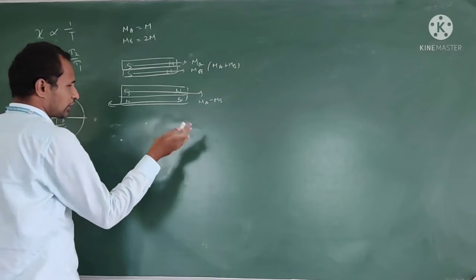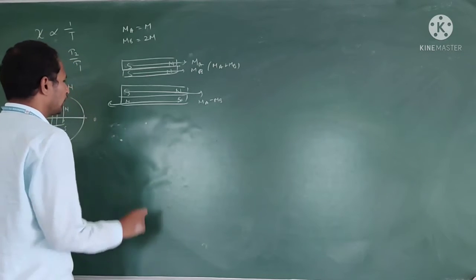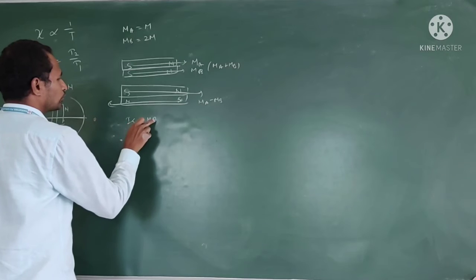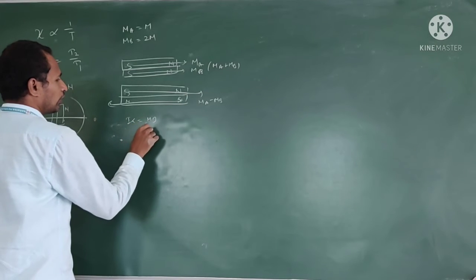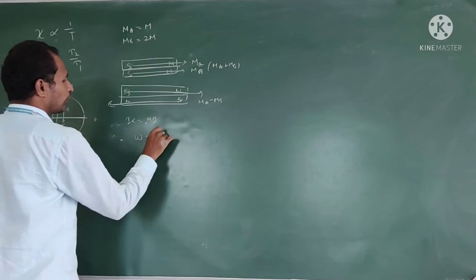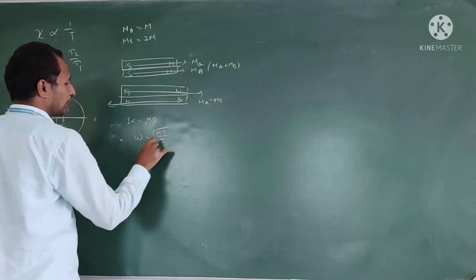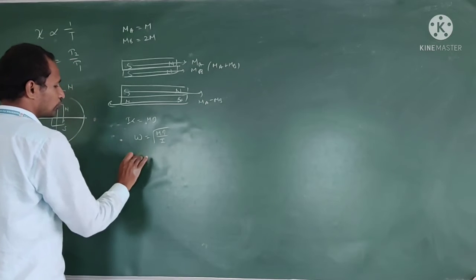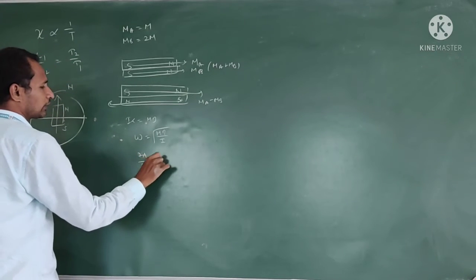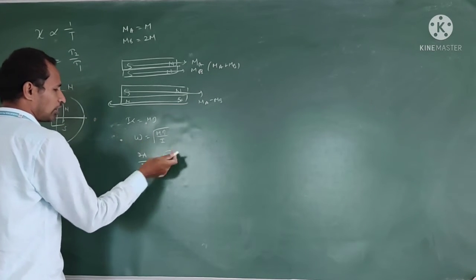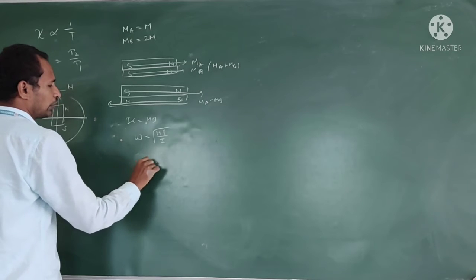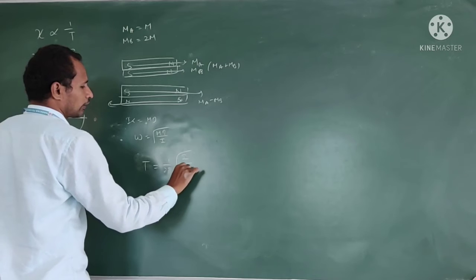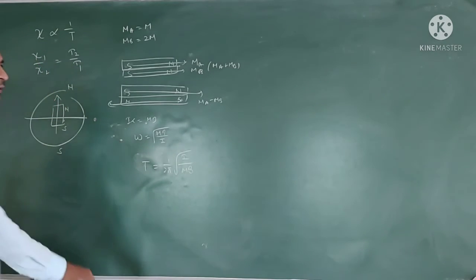When it is suspended in a uniform magnetic field, the torque gives I alpha equal to MB, so omega is equal to under root of MB by I. They are asking the time period: omega is 2 pi by T, so it comes inverted. So T is equal to 2 pi under root of I by MB.